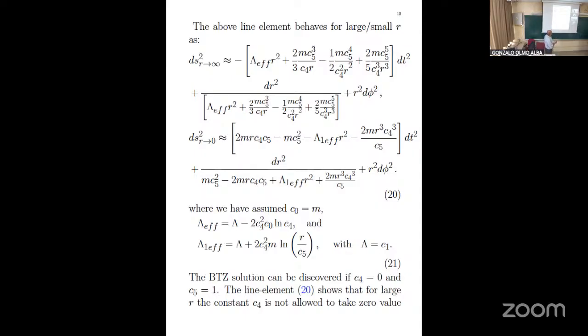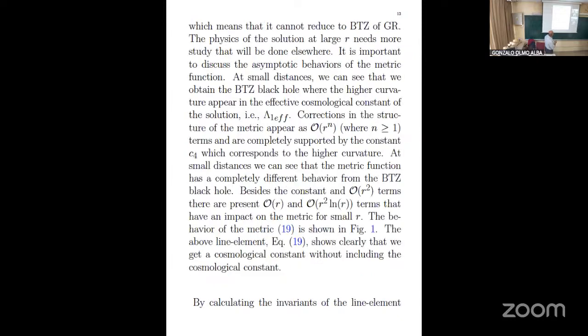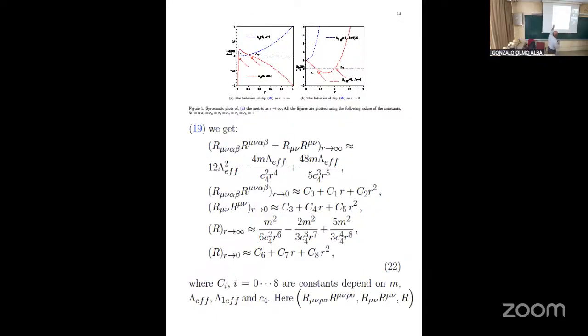So after that, we calculate the invariants of such a solution. So this is the invariant. So let us speak about the invariants, for example, the Ricci scalar, the Ricci tensor squared, and the Kretschmann, for small r.